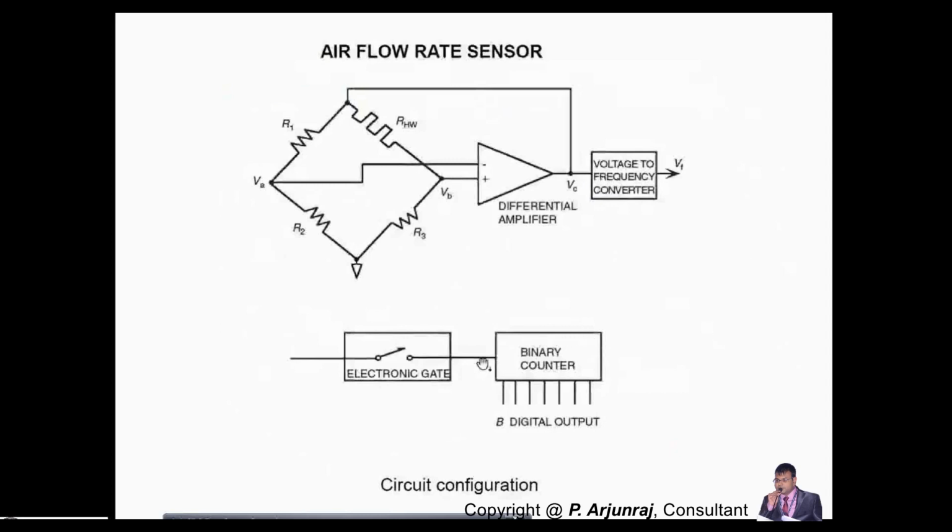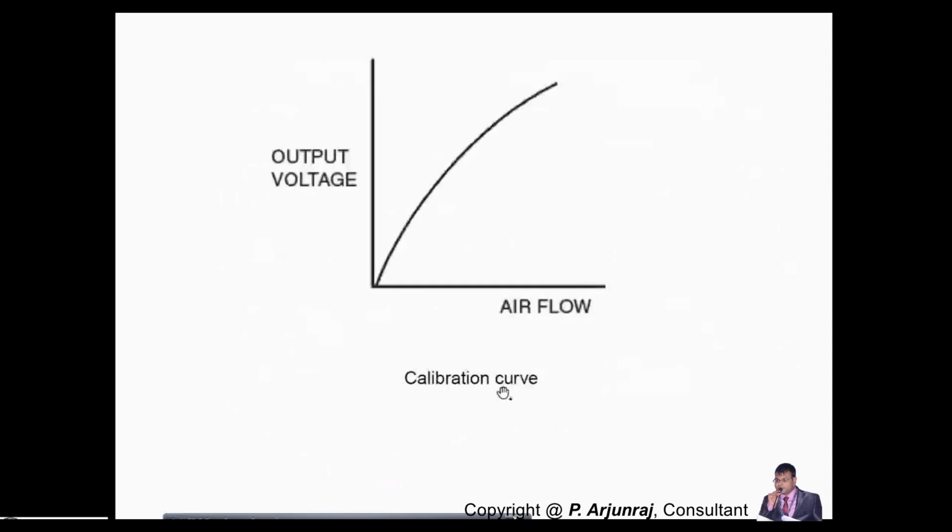But again, you will be studying this topic in a control system course as well. With respect to the airflow, your output voltage is also going to be higher. So you need to do the calibration even for your sensors as well. Otherwise, you will not get the proper outcome.